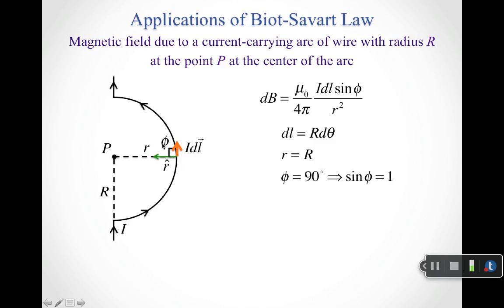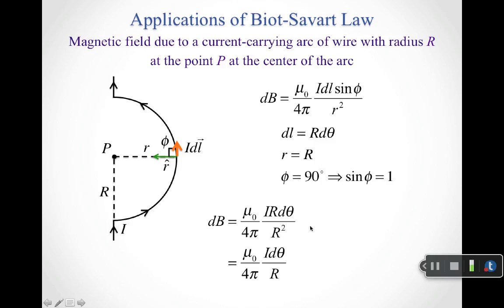So these two vectors are perpendicular to each other, and they would be perpendicular at any point you picked. And so sine phi here is 1. So when we plug this all into our expression for dB, here's the mu naught over 4 pi term, there's I, there's my dl, r d theta, here's my r, right?